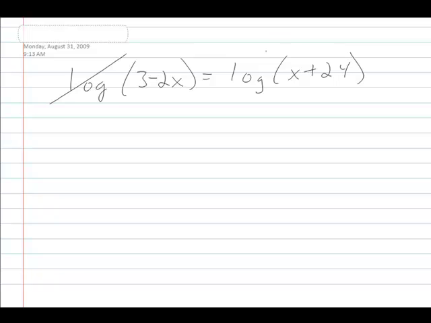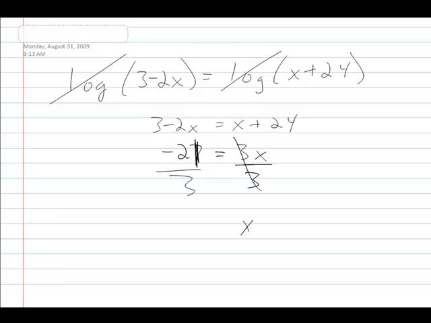So here we can essentially think of it as just dropping the logarithms. Now we have 3 minus 2x equals x plus 24. And now this is a very simple equation to solve. We get negative 21 equal to 3x. Divide each side by 3. We get x equals negative 7.